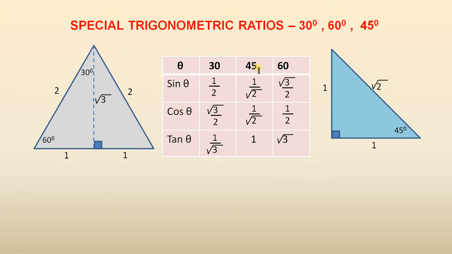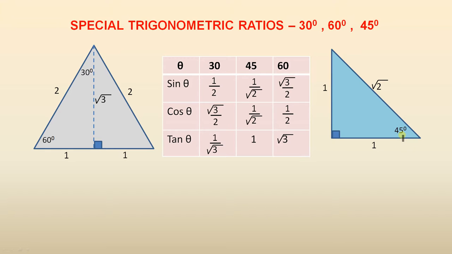Now, in a similar manner, if we look at 45 degrees, we come over to this triangle here, which is an isosceles triangle. So it's a right angle triangle, it's isosceles, so we have 45 degrees here and 45 degrees there. Each of those sides is 1.